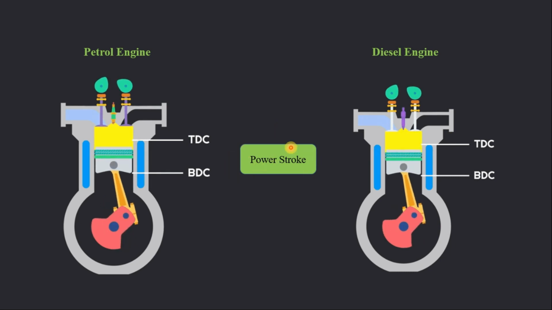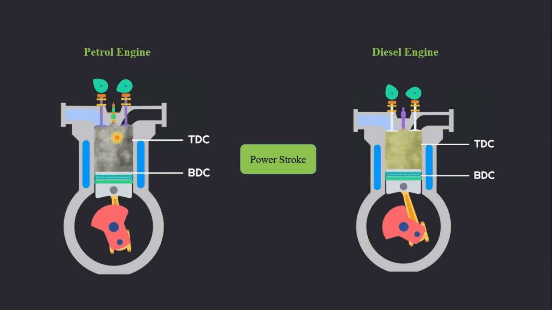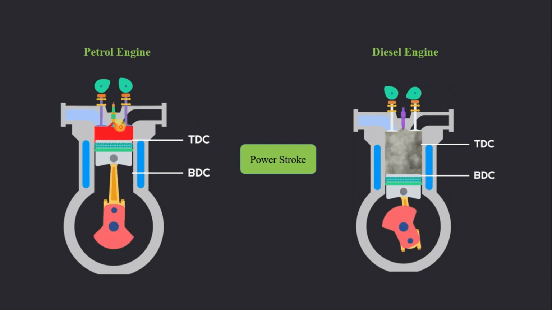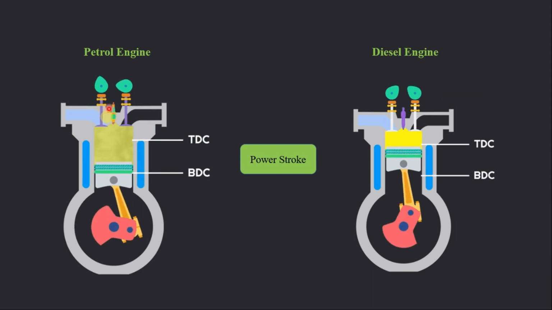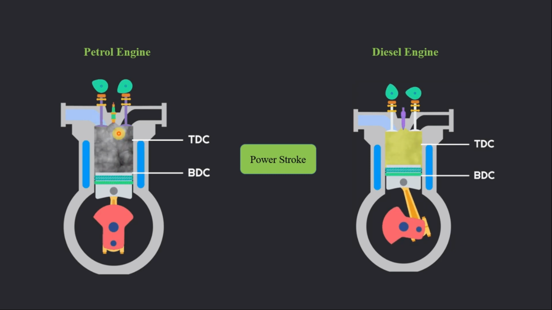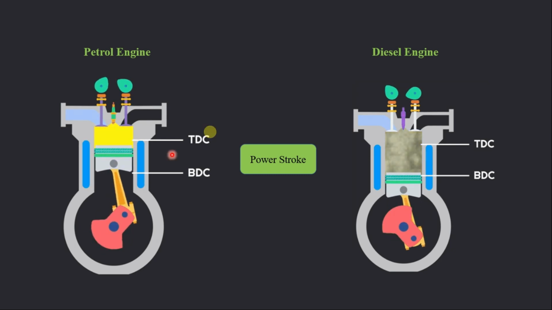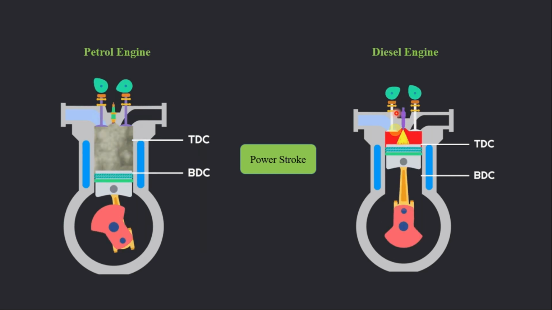Next, how we are generating power. In a petrol engine, we are igniting the fuel with the help of a spark. We are using a spark plug in a petrol engine, and we are giving a spark to the mixture of air and fuel and generating power. While in a diesel engine, we are using a nozzle. We are not using a spark plug.